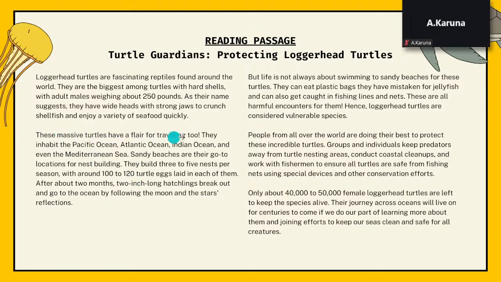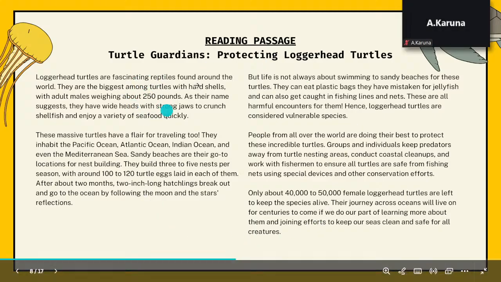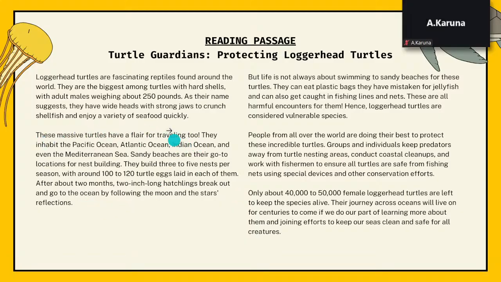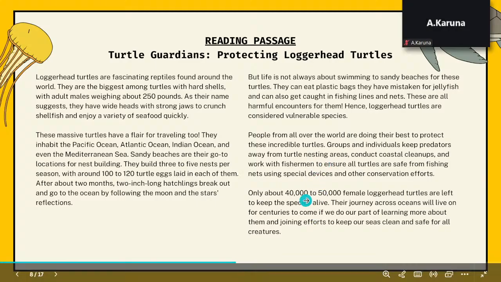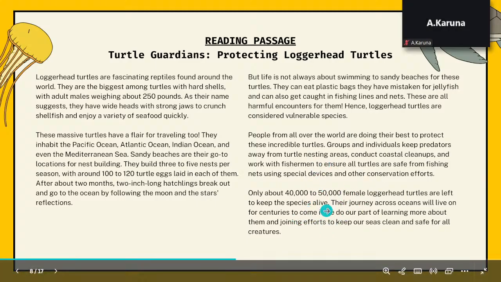And for this sentence, these massive turtles have a flair for traveling too. This is the key idea for this passage, right? This talks about what the paragraph is going to talk about. This entire thing talks about what this entire passage is going to talk about. But this first sentence is going to tell you what this paragraph is talking about. So this sentence talks about this, and that sentence talks about this. So that's how it goes.